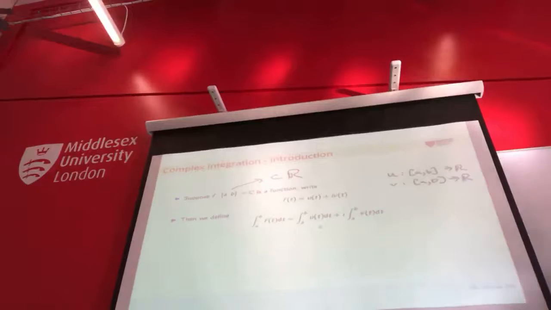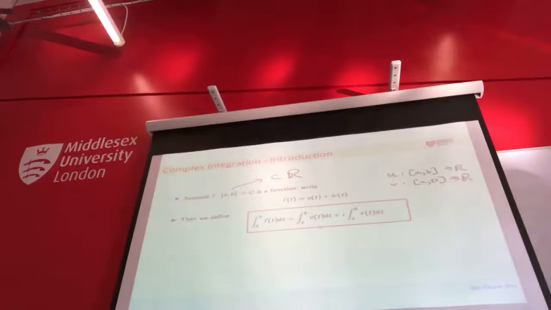Then what we do is we define this integral. So the integral of a complex valued function is the integral of the real part plus i times the integral of the imaginary part.